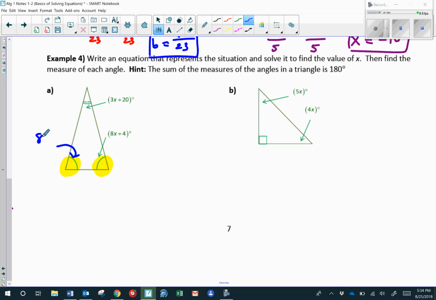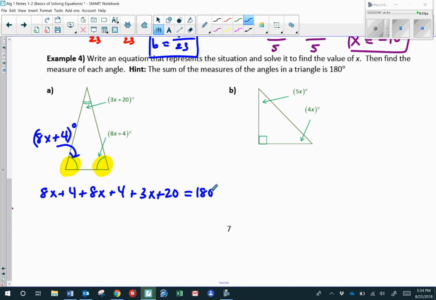So that means that the angle on the left side has a measure of 8x plus 4 degrees as well as the one on the right. So if we add together all three angles, we have 8x plus 4 plus 8x plus 4 plus 3x plus 20. If we add together all three angles, we should get 180.